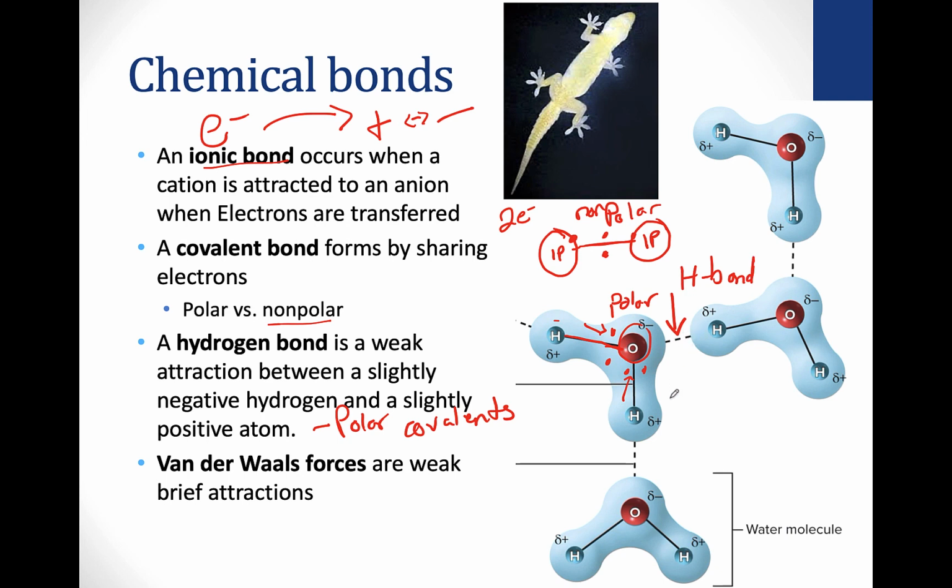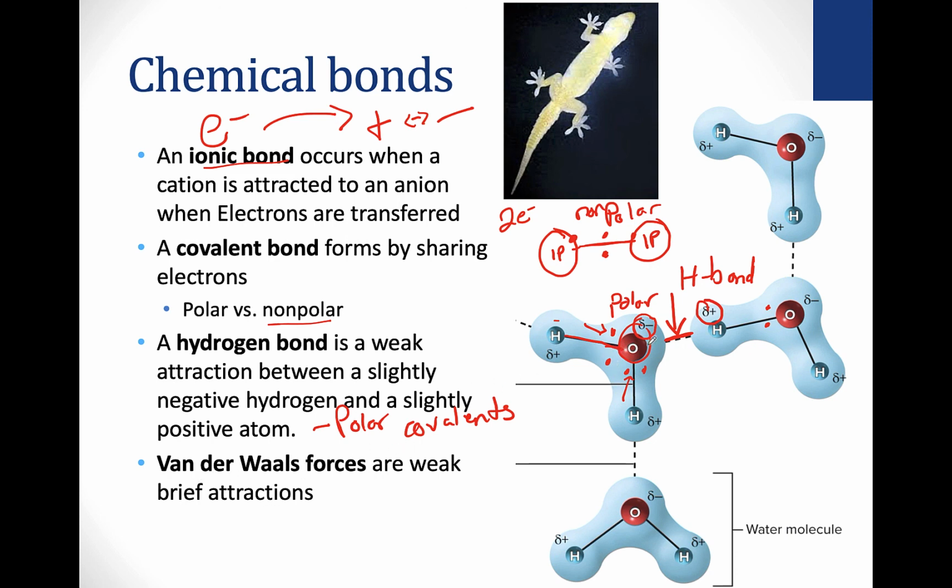And this is a weak interaction between the oxygen of one water and the hydrogen of another water. Right? So this is the hydrogen bond because this oxygen, it's spending a lot of time with electrons, so it's going to be a little bit negative. And this hydrogen, it's not spending much time with its electrons, so it's going to be a little bit positive. And that creates this very weak electrical attraction.